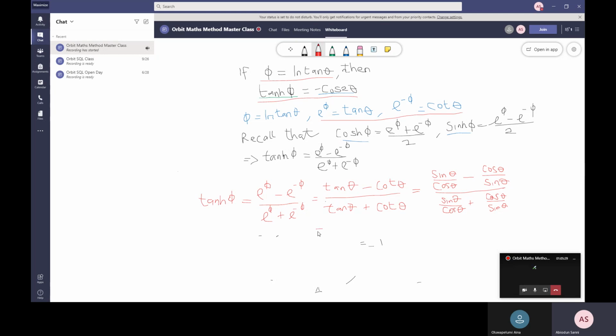If I simplify this numerator, I will have sine square theta minus cos square theta, all over the LCM, which is cos theta sin theta, right?